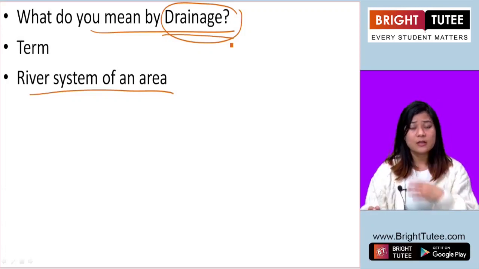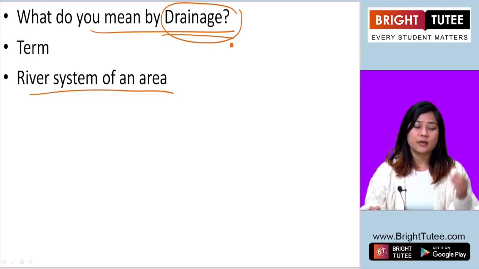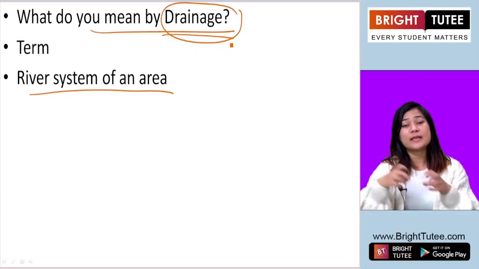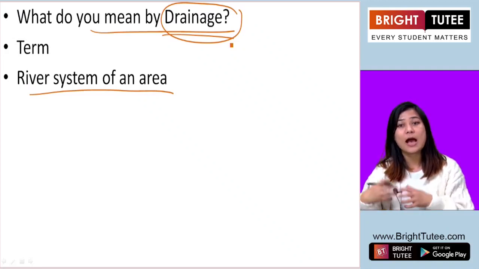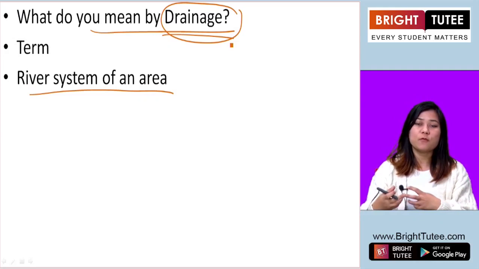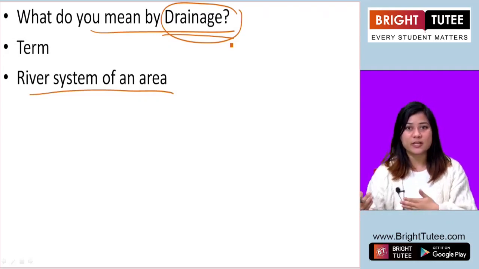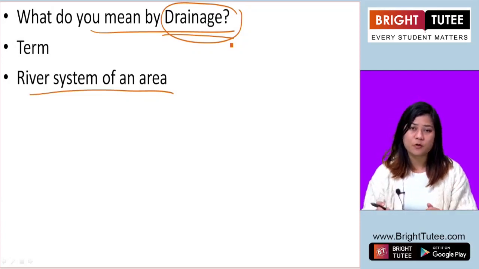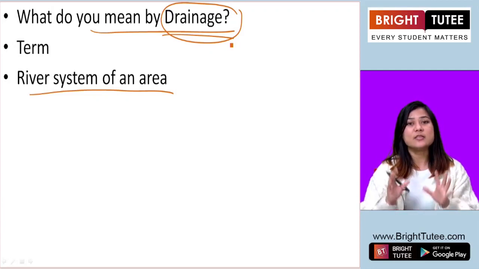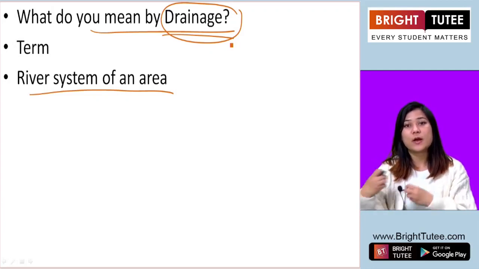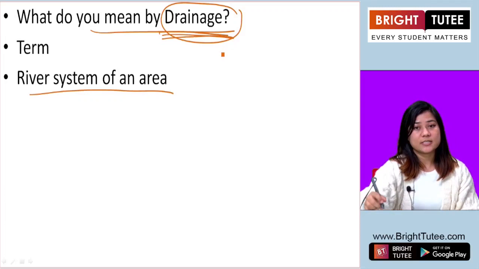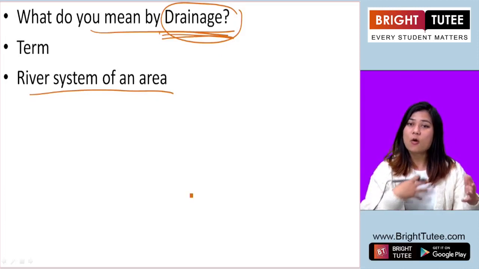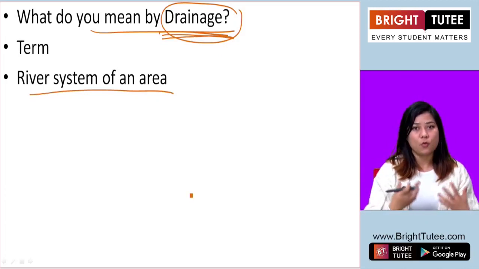So it is not only the water in the river, but also the land, from where it originates, where it flows, how it flows, what is causing its flow, what is impacting its direction, what the rivers are creating, what shapes they are forming. All that is used to understand the drainage system.